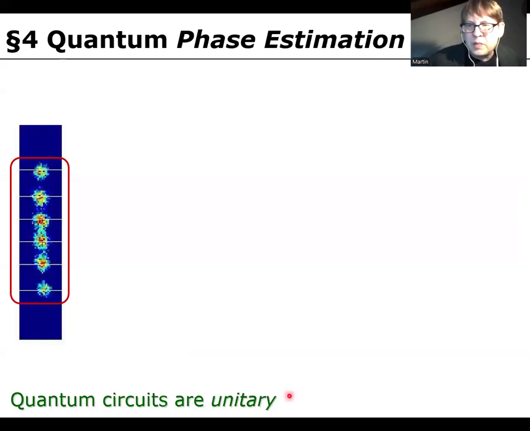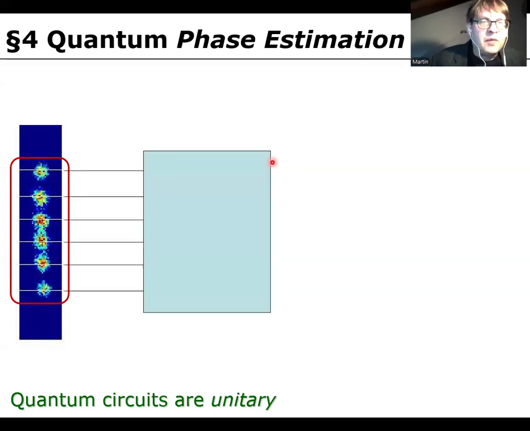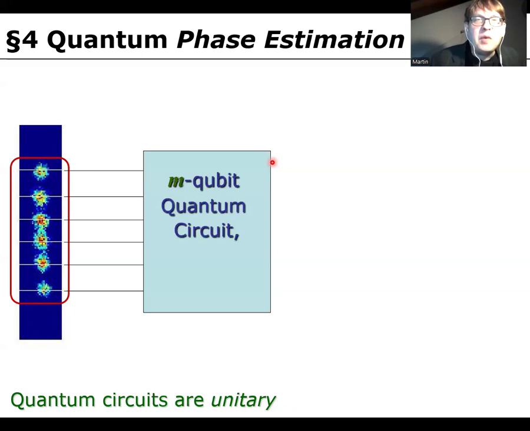Quick stop here. So let's first recall our framework of quantum circuits. So we have an n, or in this case an m qubit input state, and then we apply an m qubit quantum circuit, which corresponds to a unitary matrix of format 2 to the m times 2 to the m.